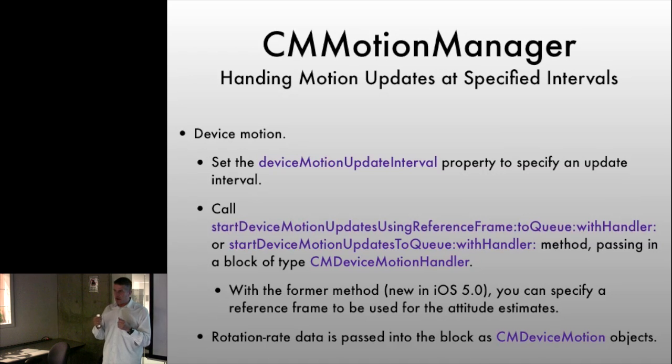If you're not using a reference frame, then depending on where you start the game, the object that you're using to control the plane will immediately start to react to the yaw, the pitch and the roll that the user starts the application at. If you specify the current orientation of the device as the reference frame, then you'll just get relative data from that point on. Does that make sense?